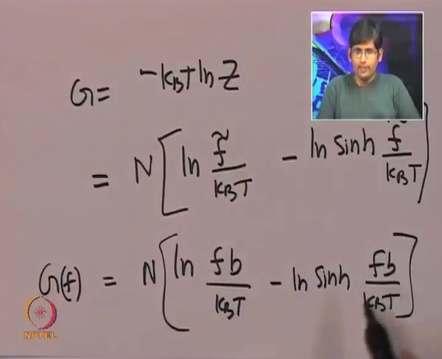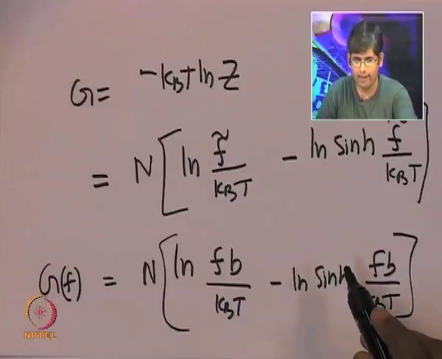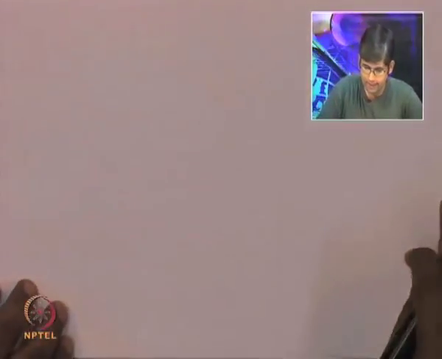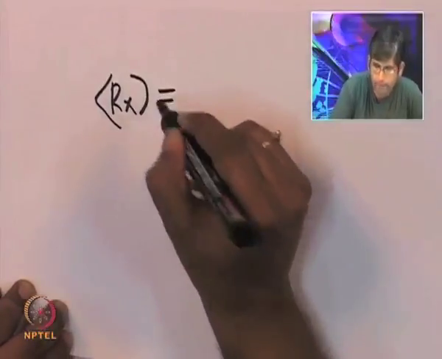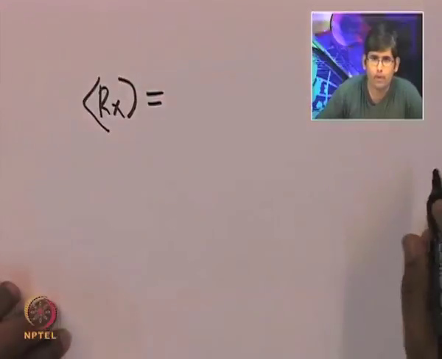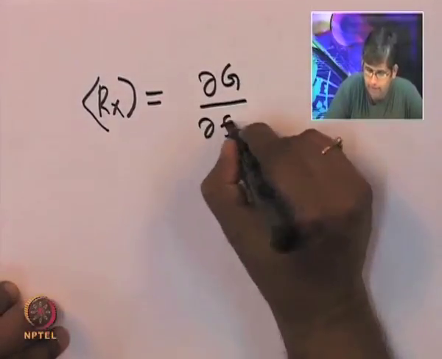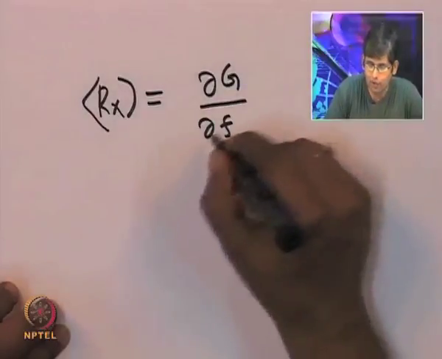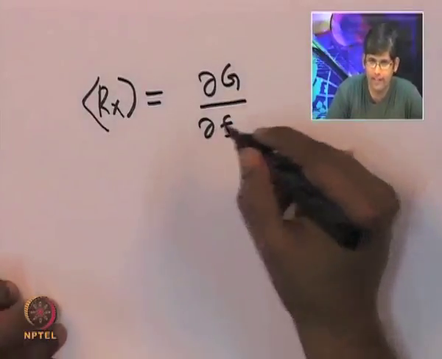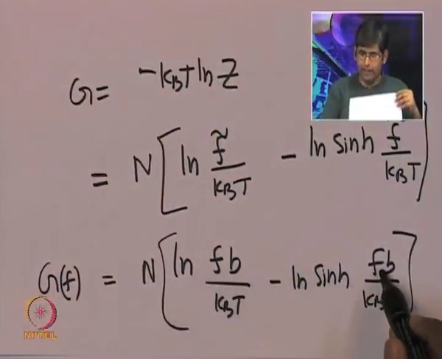Now, what we need is the end to end distance average, R x average, basically in the x direction as we said. To get this R x average, what we need is del G by del f. If you do this calculation and find the derivative of this G with respect to f, there is an f here and an f here.